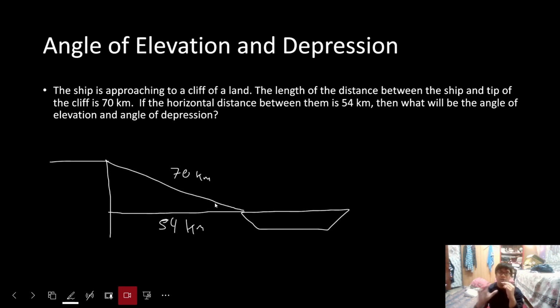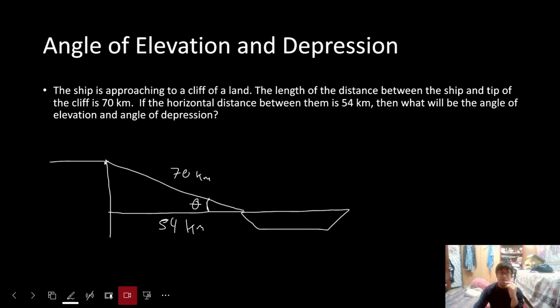Now, our goal is to find the angle of elevation and angle of depression. Let's try that. The angle of elevation is above the horizontal line, which is here. Then the angle of depression is below the horizontal line, but it seems like there's no horizontal line. So where should we put it?